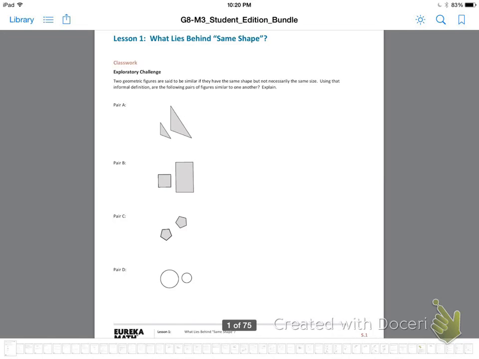When we discussed this in class, most people looked at pair A, the 2 triangles, and thought, yes, they are similar. They're both obtuse triangles, and they look in proportion to one another. So we said yes on that one. For pair B, most people said no, those are not similar.